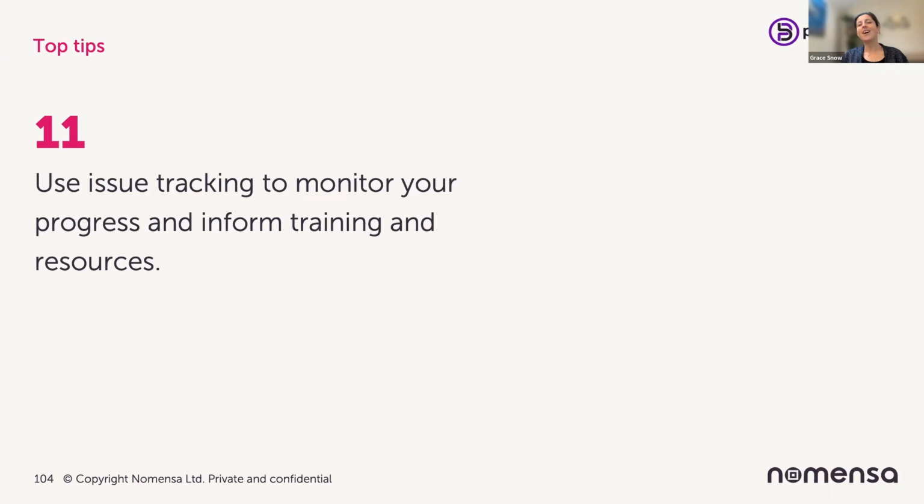And lastly, you'll be glad to know, is use issue tracking to monitor progress and inform training and resources. So that's all about tracking what you've done. In Jira, we always used to tag anything that was accessibility related.